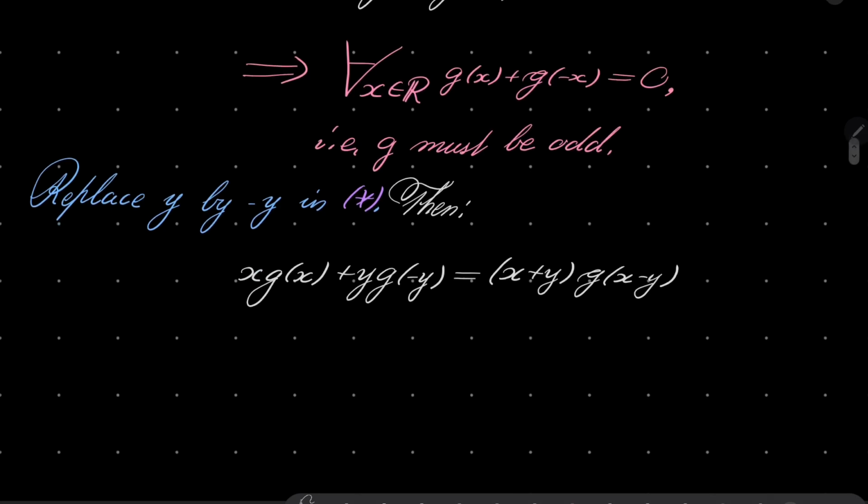Now remember that our function is odd, so g of minus y can be written as minus g of y.